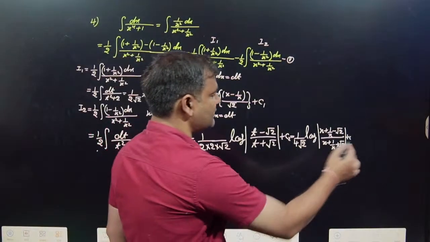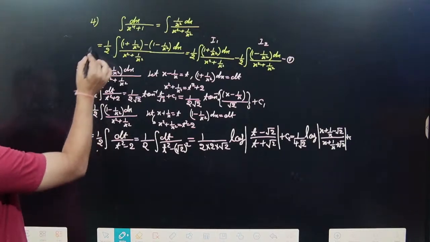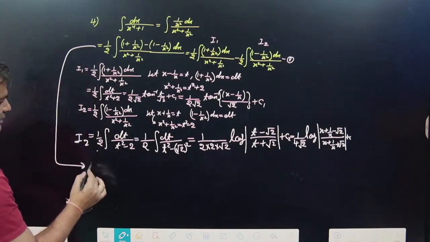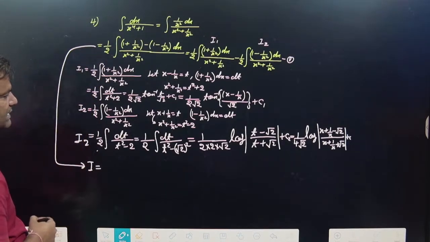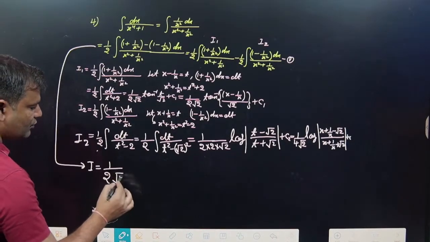That is I2. Now putting I1 and I2 in equation number 1, we get I simply as I1, 1 upon 2 root 2.